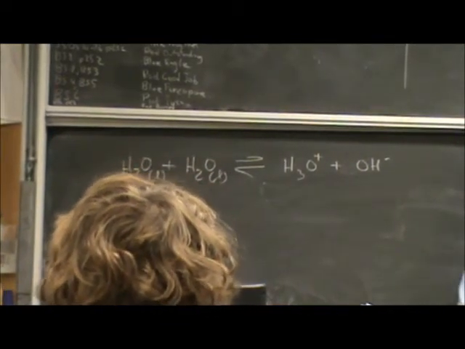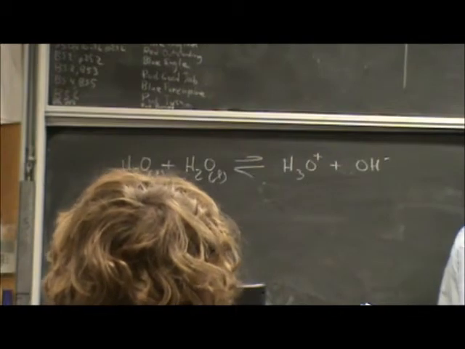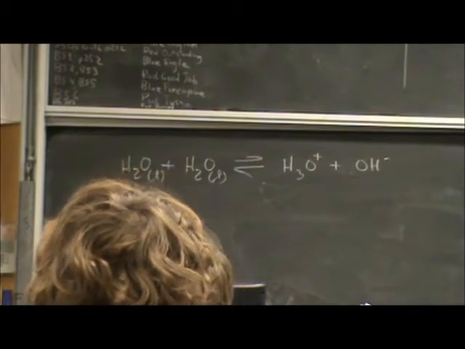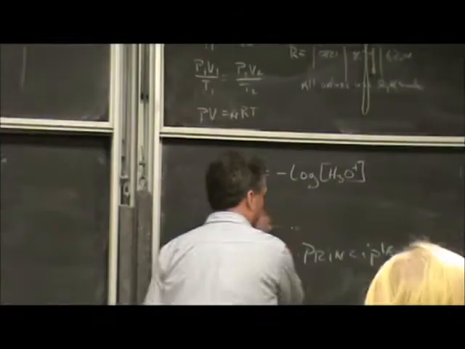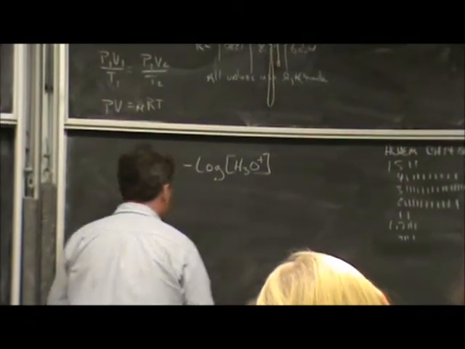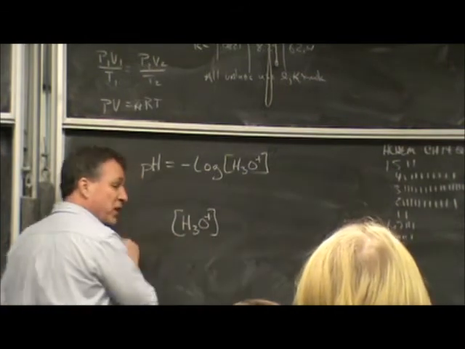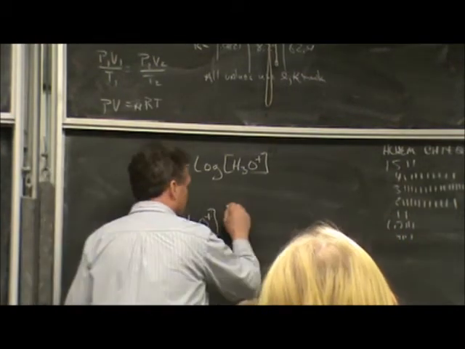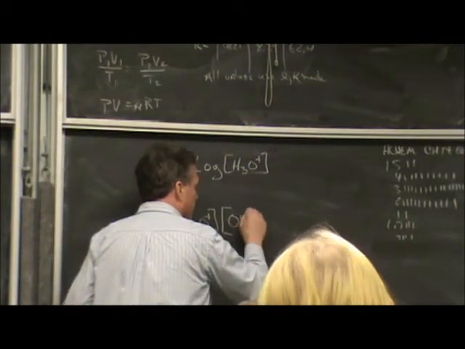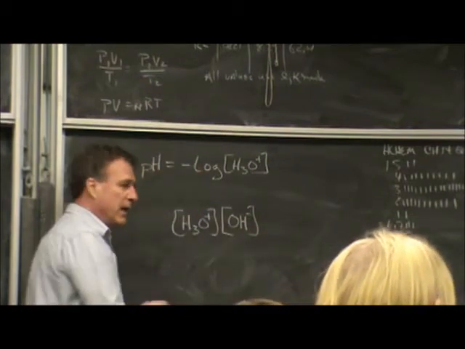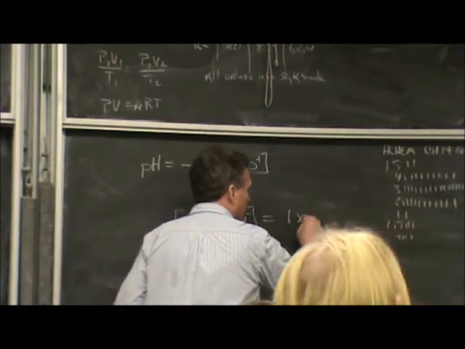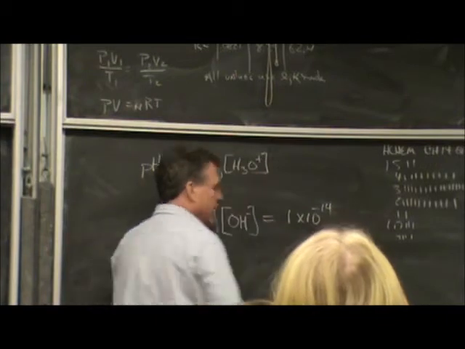We have a mathematical expression that we're going to use that quantifies this. Concentration in moles per liter of hydronium ions times the concentration in moles per liter of hydroxide ions is always equal to 1 times 10 to the negative 14.